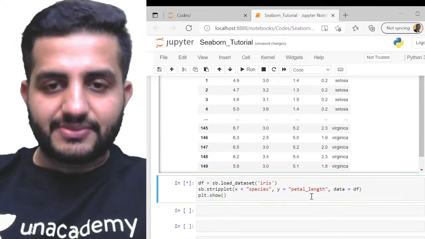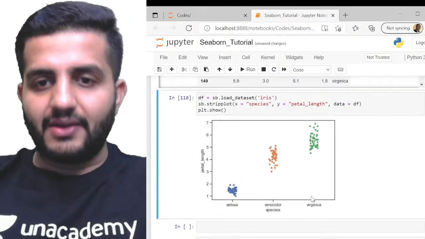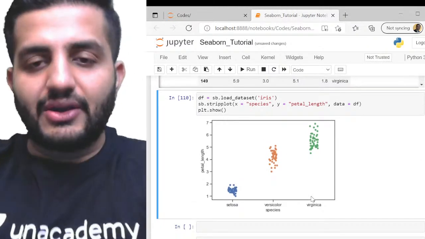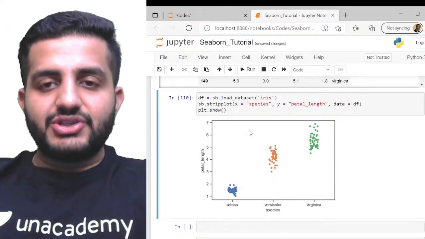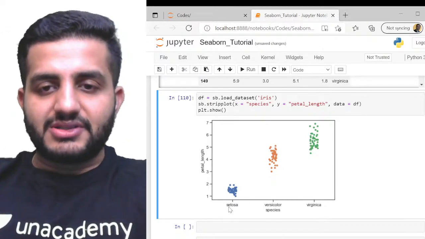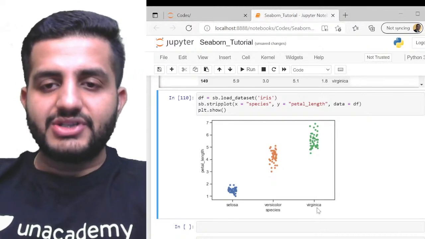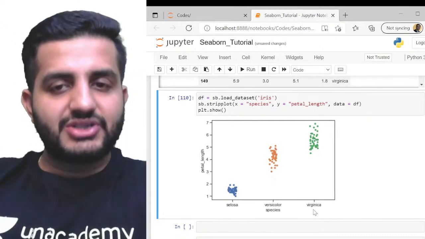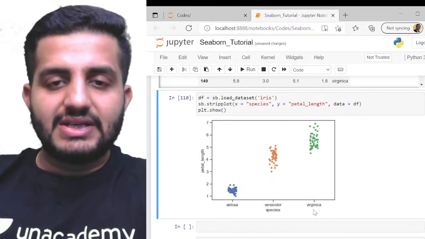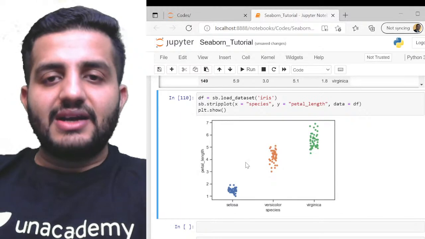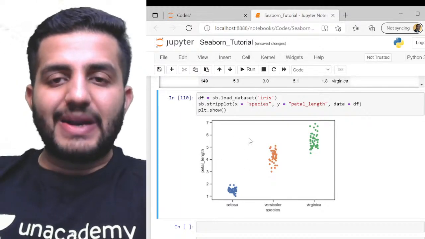Now look at this. Can you see this? In the species we have three different species available: setosa, versicolor, and virginica. So for each of these three species, what is the distribution of my petal length?